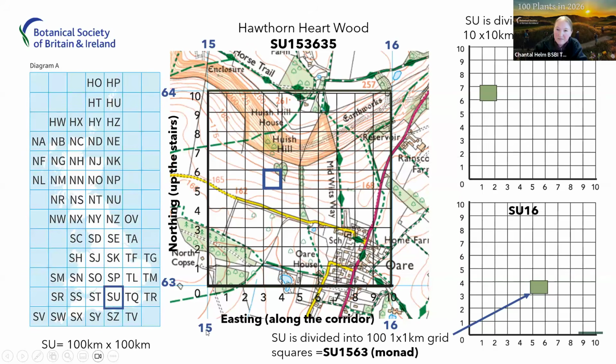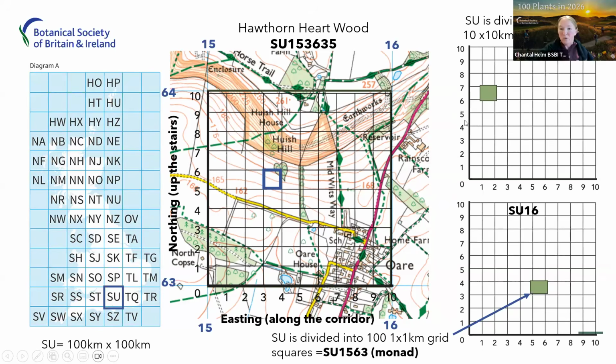So there's the 15, there's the 63 of my monad, and I count across, and I can see the bottom left corner of my grid is at 3. So there my 3 gets added onto the 15. And then if I go to my northings, I can see that the bottom left-hand corner is 5. Add on a 5. And there we go. I have my 6-figure grid reference for the hawthorn heartwood.